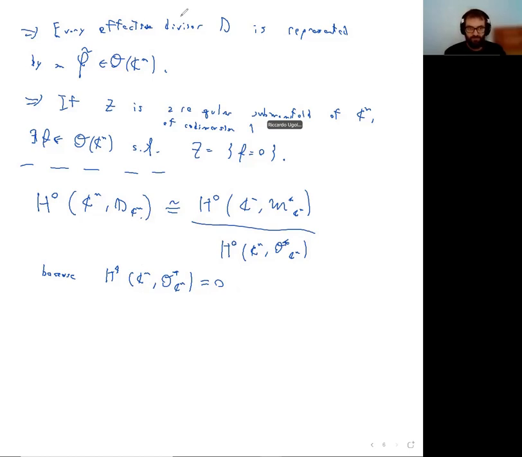So not only are effective divisors represented globally by holomorphic functions, but every divisor is defined by a global meromorphic function. So just take a representative.